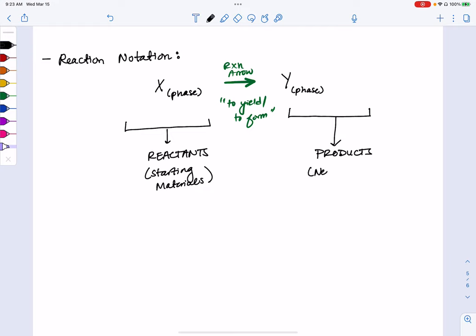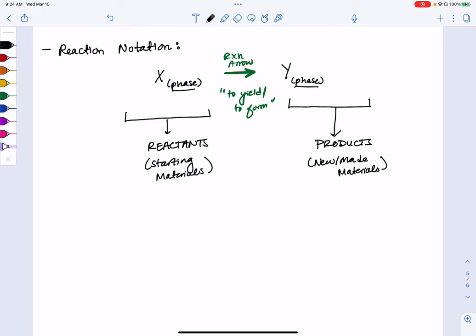These are our new or our made materials. Indicated in subscripts here are the phases, solid, liquid, gas, or in solution, aqueous, of each of the materials involved, because we can have a change of phase as a result of a chemical reaction.